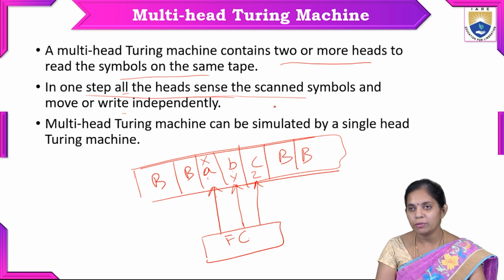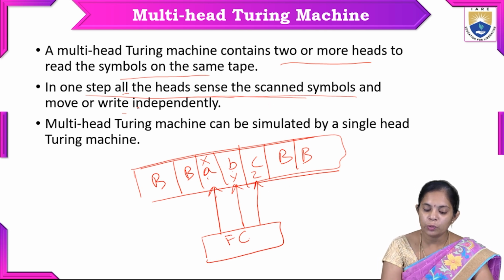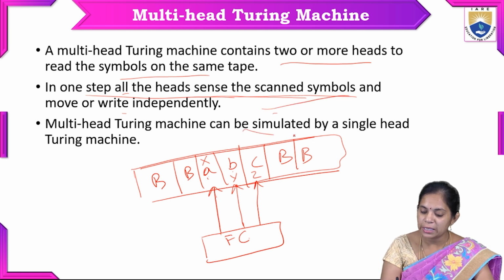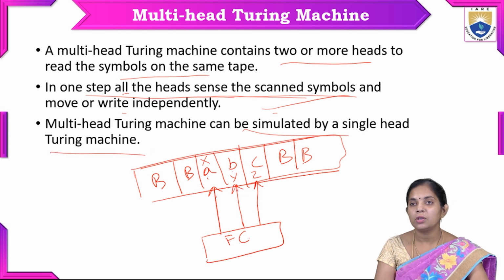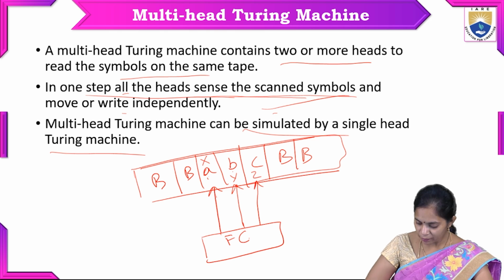If you take multiple heads, in one step we can sense the scanned symbols and do the operations accordingly. So that is a multi-head Turing machine, which is equivalent to the single-head or standardized Turing machine.